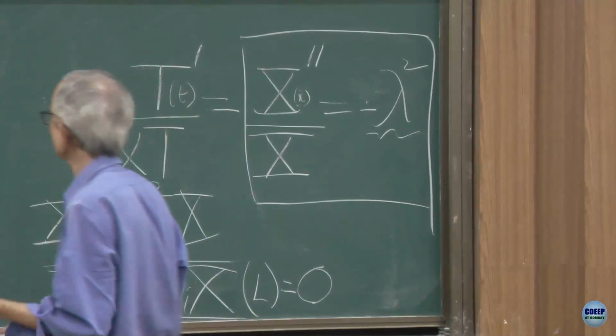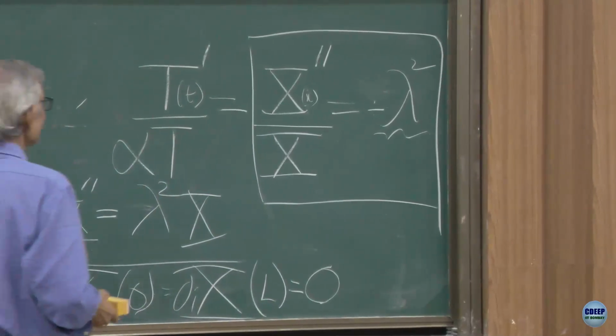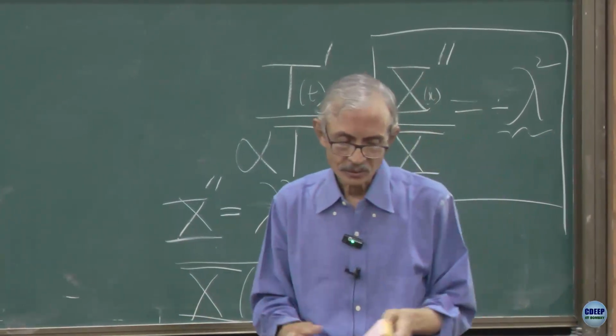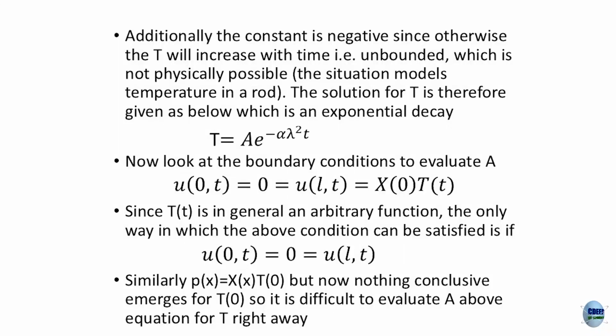So u has to be a function of x and t. So lambda equal to 0 is also not acceptable. So the only possible sign for this is a negative lambda square, and we argued based on the t. Later on we'll argue based on x also, but as of now one argument is good enough.